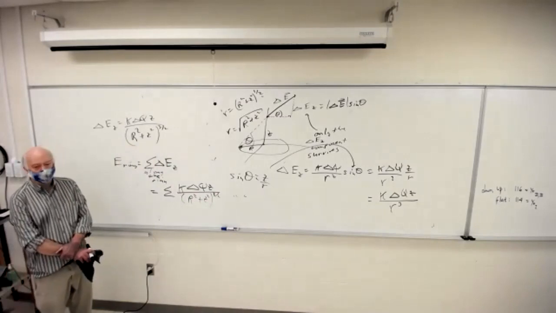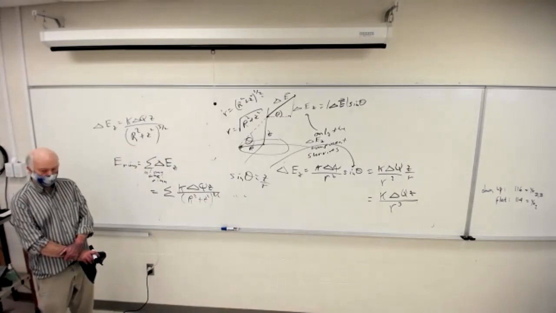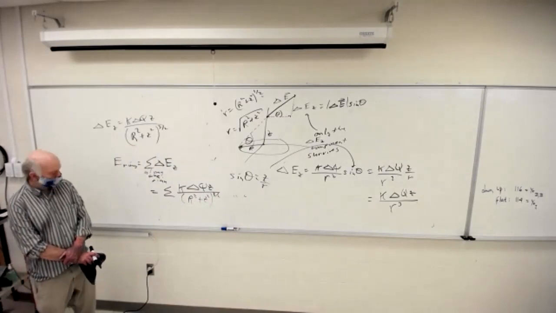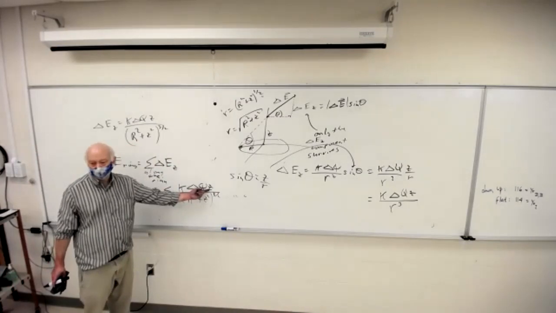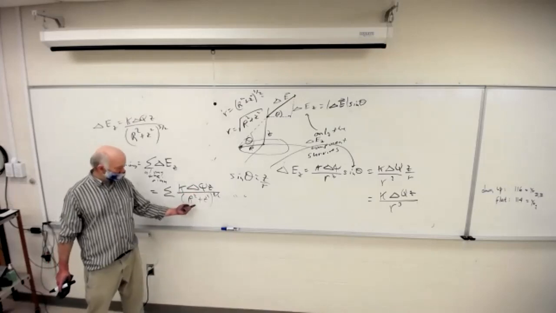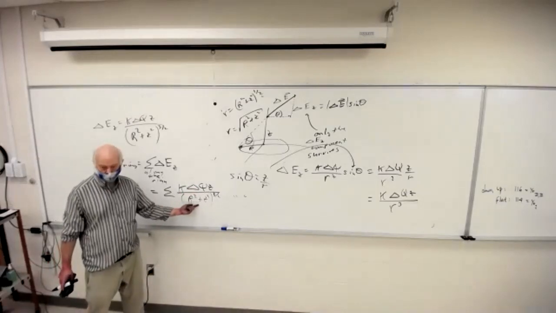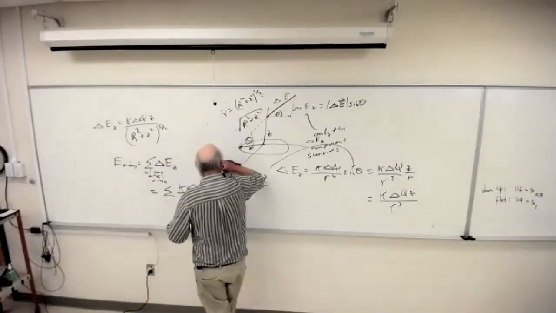What are the constant terms here? Is k constant? Is z constant? Yes. What about the big R squared plus z squared? They're constant, so you can pull those all out.